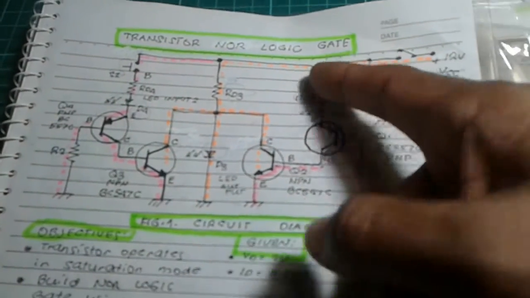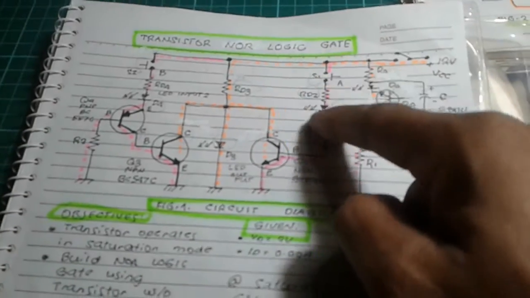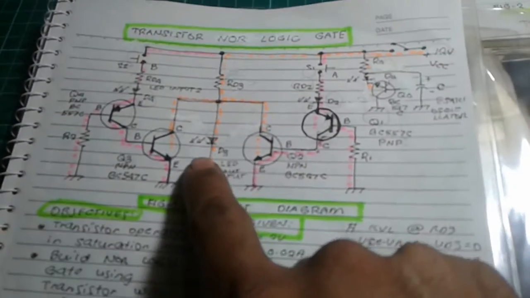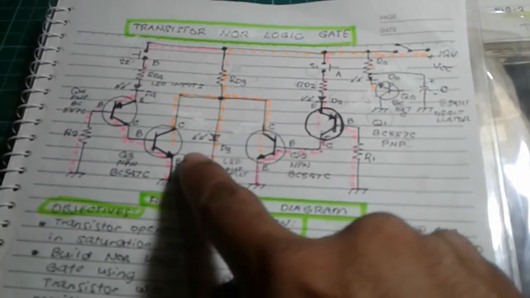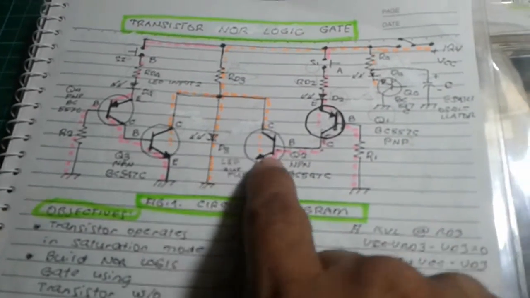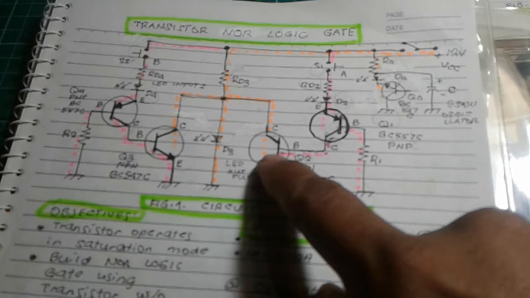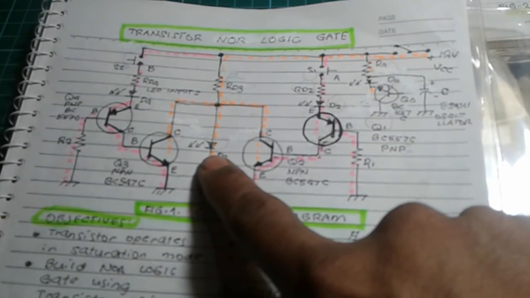When you push the switch, current flows here and in here. Current doesn't flow here because the resistance is lesser in the transistor, making this LED become shorted.